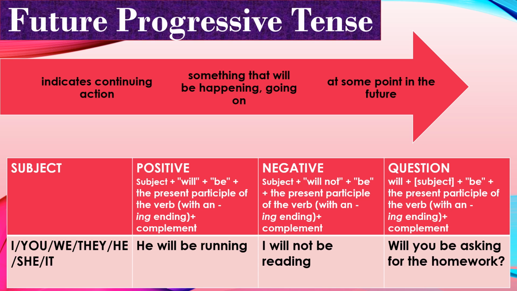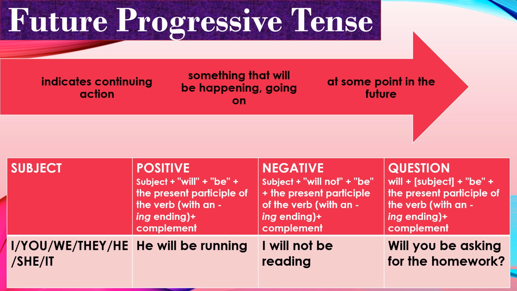For the positive form, we must use subject plus will plus be plus the present participle of the verb with an ing ending plus complement. For example, he will be running. For the negative form, we must use subject plus will not plus be plus the present participle of the verb plus complement.